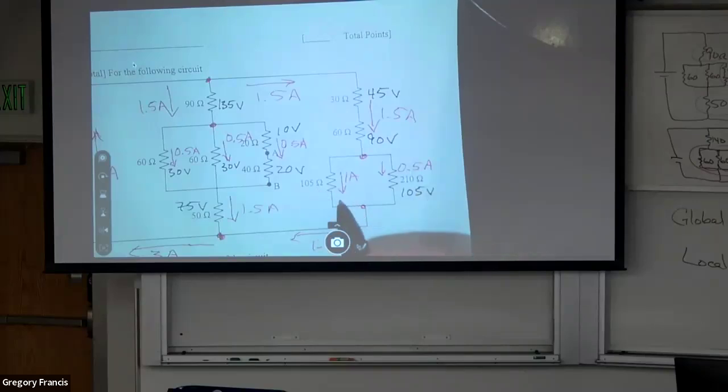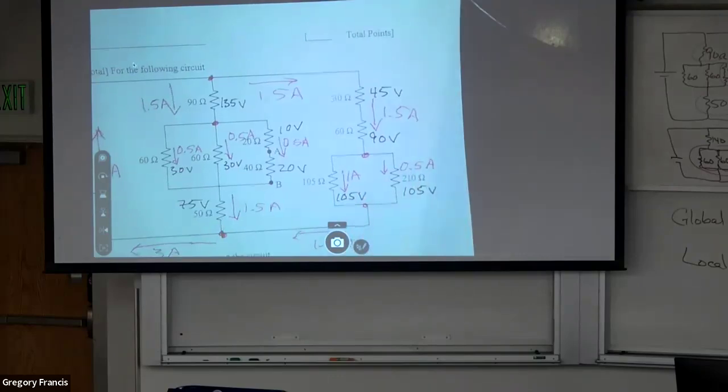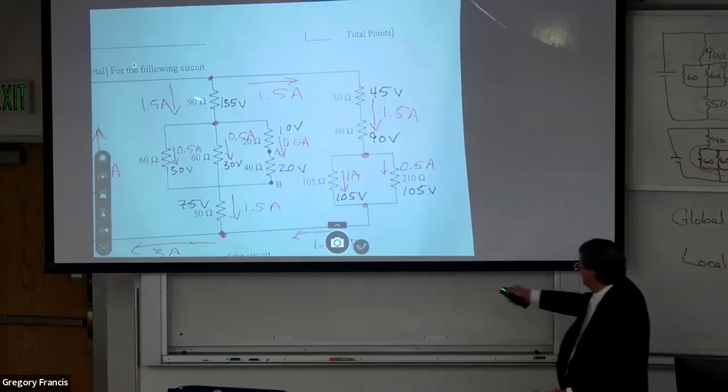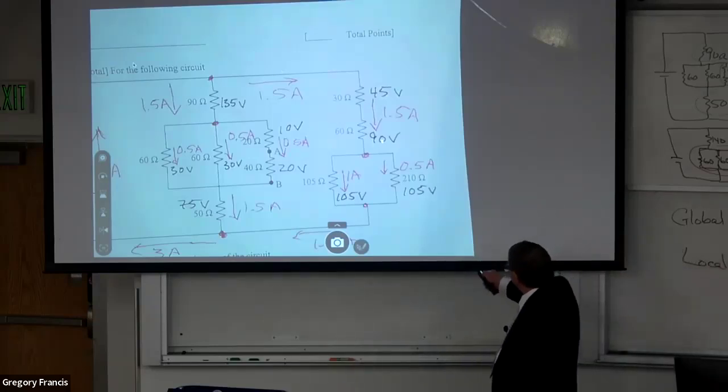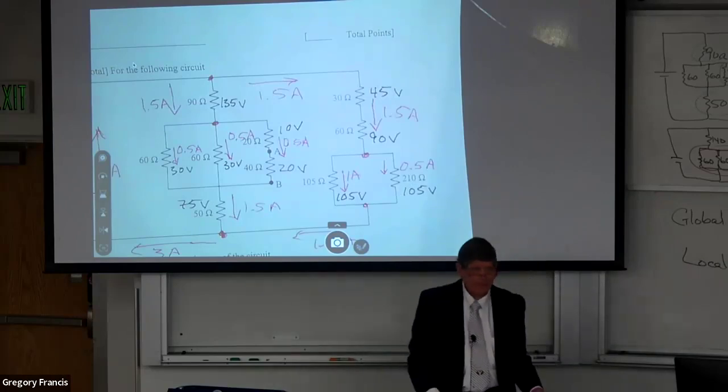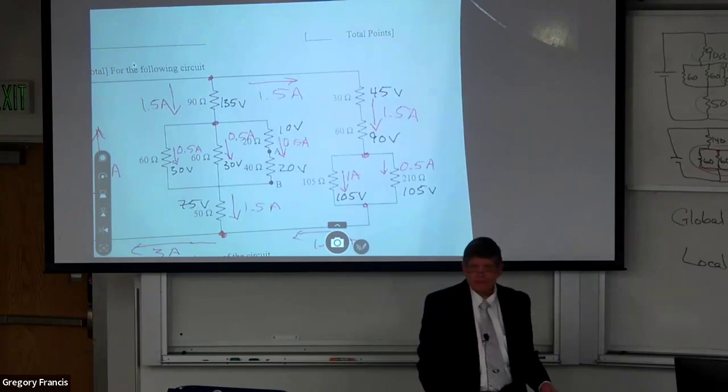And this is 1 times 105, that's 105. And so then we go back and we say, any path, I've got 45 plus 90, that's 135, plus 105, that's going to be 240. Any path, 240. Okay. Questions on that?